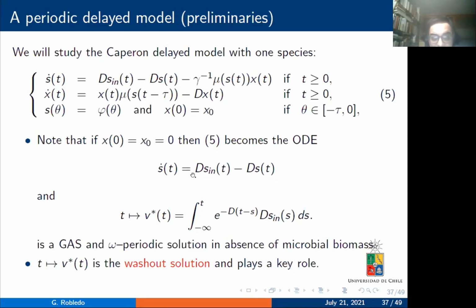Moreover, we can prove that it's periodic with period omega, and also that it's a globally attractive solution for any solution of this equation. This function, we will call it the washout solution, and it will play a key role in our main result.